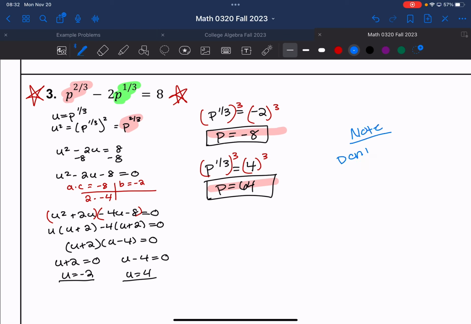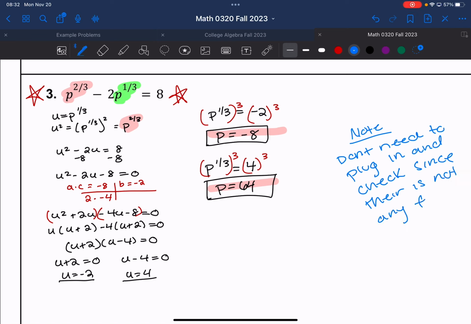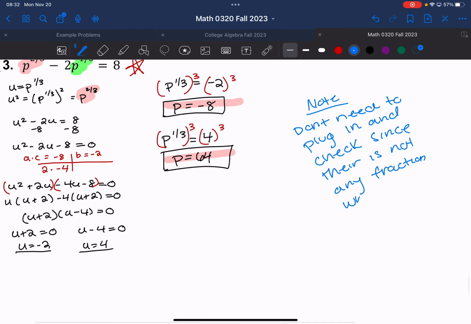So we don't need to plug in and check since there is not any fractions where the denominator contains a variable.